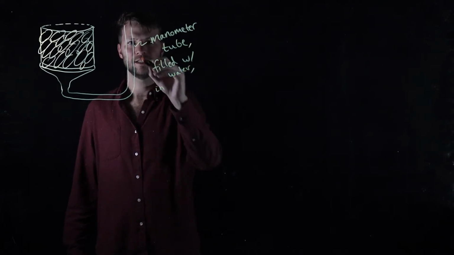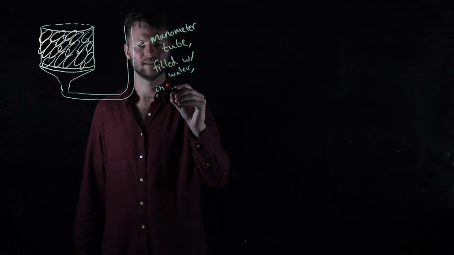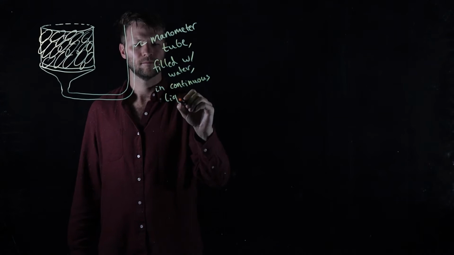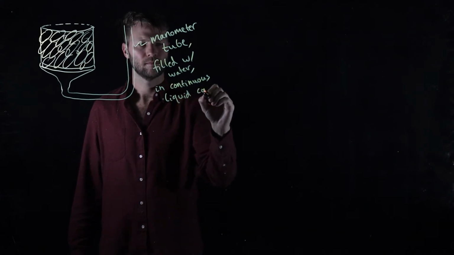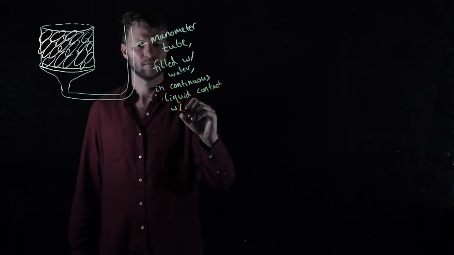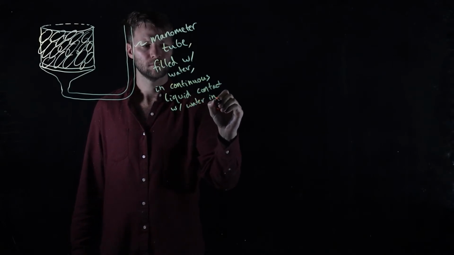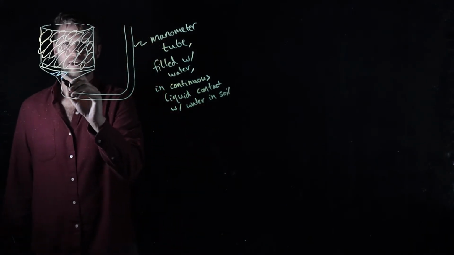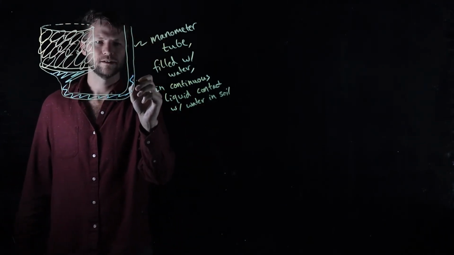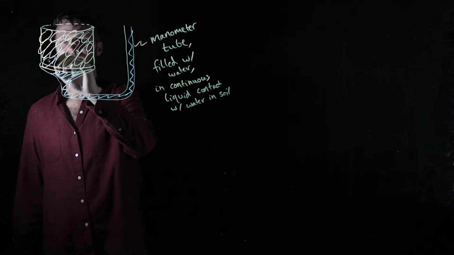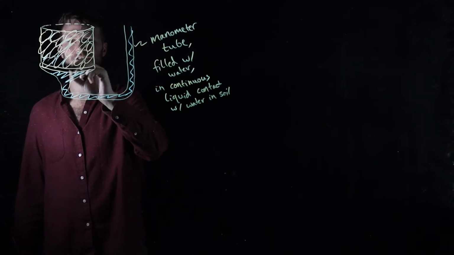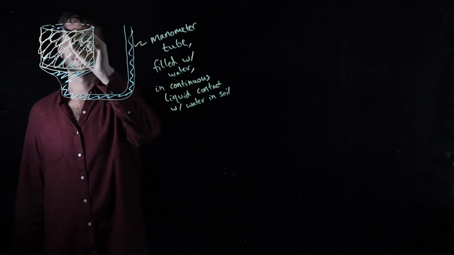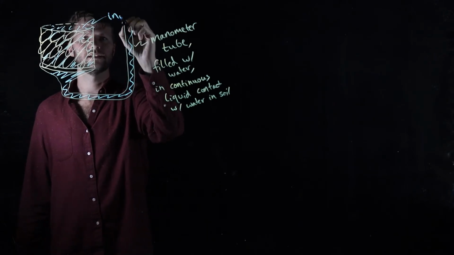And it's in continuous liquid contact with the water that's in the soil. And so this is all just water here. There's water here, there's water here, there's water here, there's water here. And then we're going to start with a totally saturated sample. So this sample here is initially saturated.